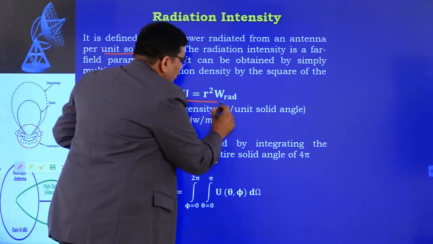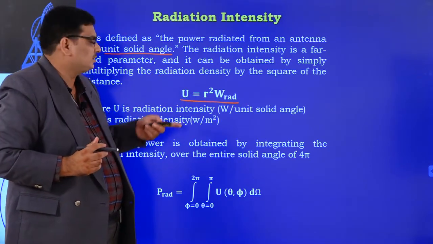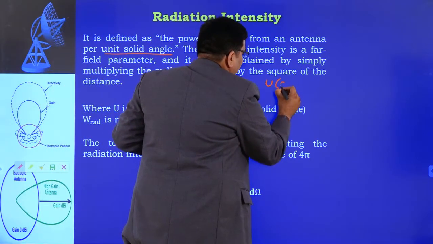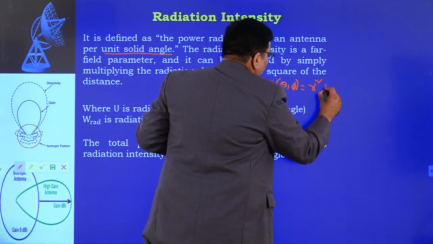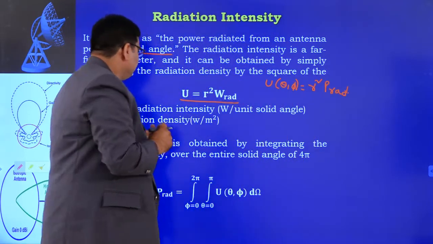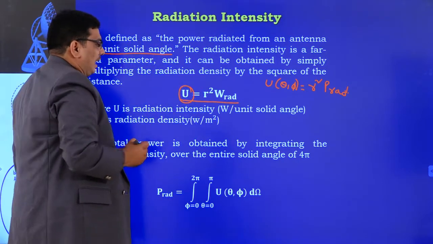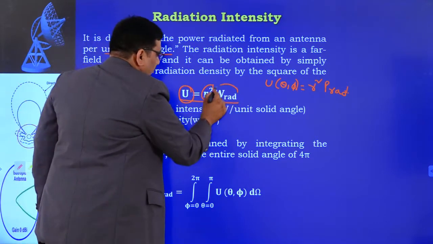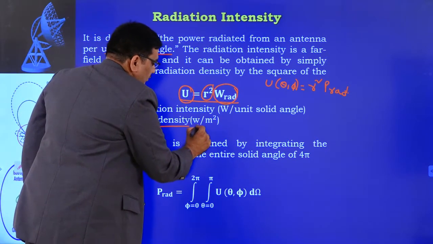So here we write U is equal to r square into W rad, that means radiated power density, or we can write it like this also, U of theta comma phi is equal to r square into power radiated. Where U of theta is the radiation intensity, r is the distance from the element in the far field, and W rad is the radiation density in watts per meter square.